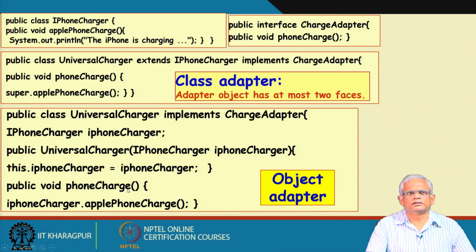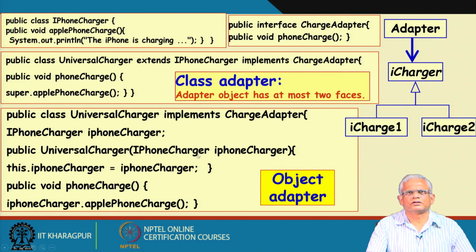And then once the phone charge is called, it just calls the corresponding method on the reference it internally holds. So, the adapter just calls the method on the iCharger, and then there can be different types of charger like Android phone charger, iPhone charger and so on. The class adapter is not suitable to implement a universal adapter and we need to use an object adapter.